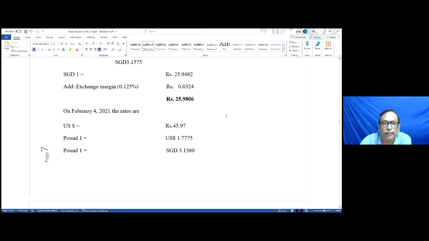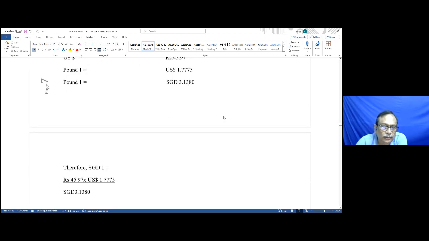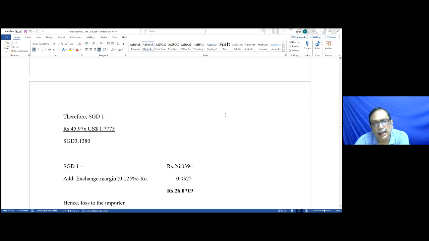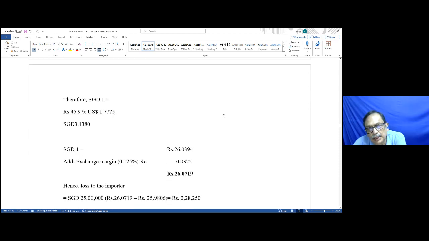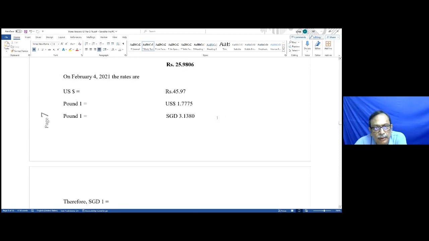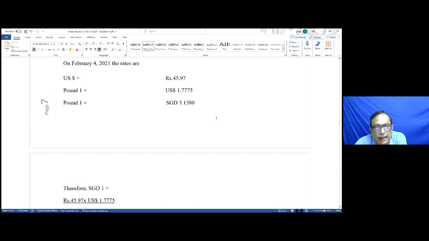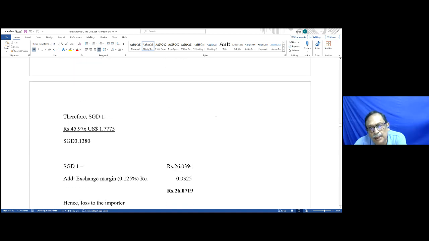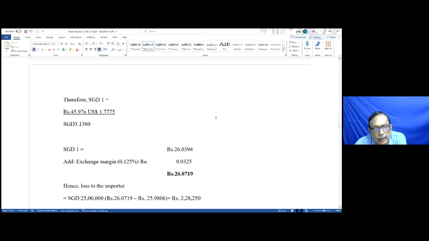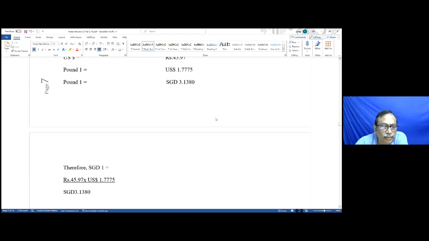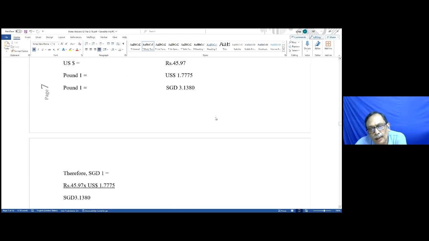$1 rupees 45.97. £1 is equal to US dollar 1.775. £1 is equal to Singapore dollar 3.1380. In the same manner, we get 1 Singapore dollar: 45.97 multiplied by US dollar 1.775 divided by Singapore dollar 3.1380.